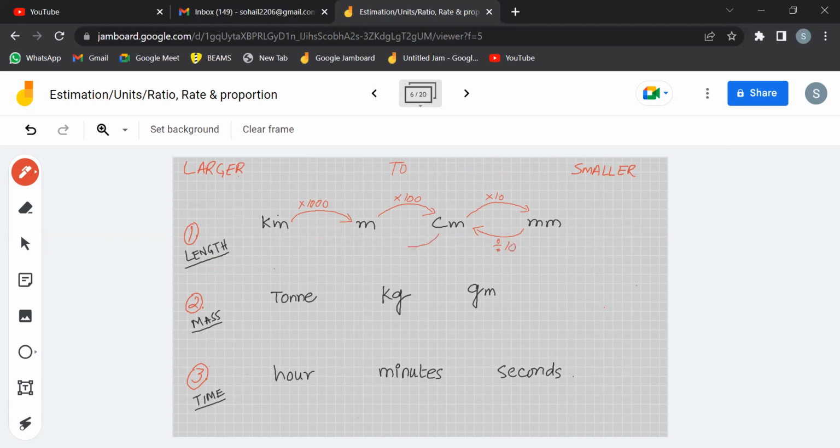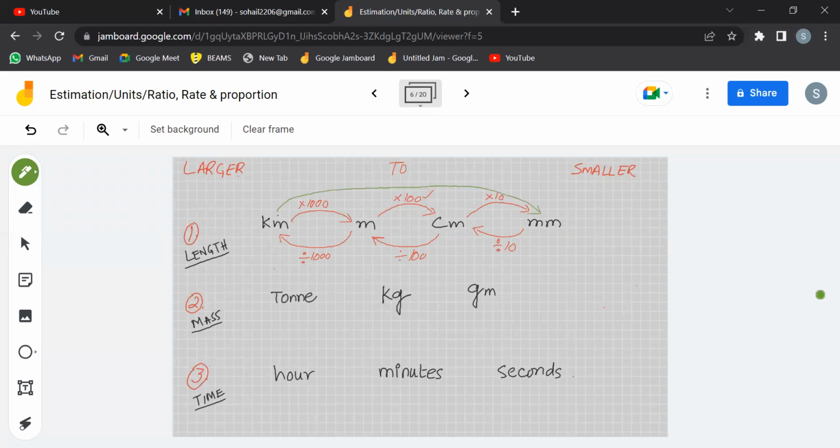From centimeter to meter, you divide by 100, and from meter to kilometer, as we multiplied by 1000 from kilometer to meter, so you divide by 1000. So keep this pattern in your mind, and you can jump from kilometer to mm directly.